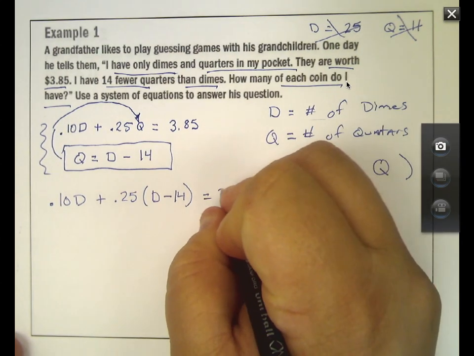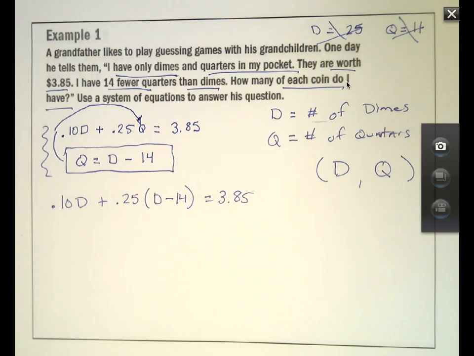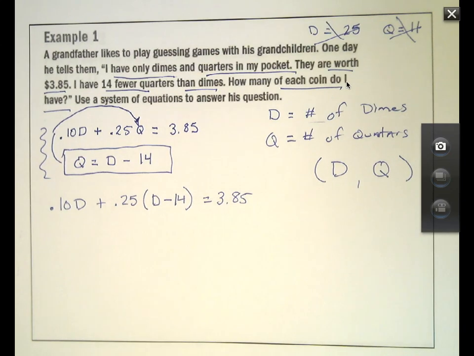All that has to equal $3.85. Now, it's all solved for one variable, as you should notice, D. We only have one variable.